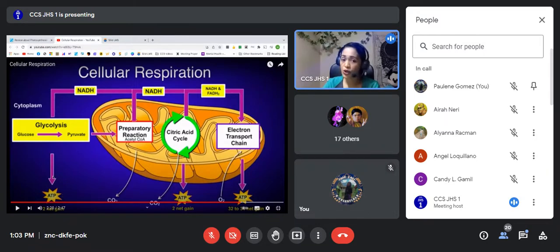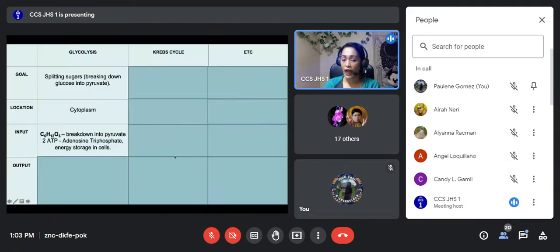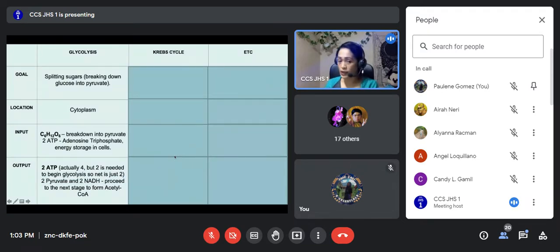So in that stage, it already generated 2 ATP molecules. Now, the output here is, of course, pyruvate and your 2 ATP molecules, which we will collect as part of the number of ATPs for the entire process.